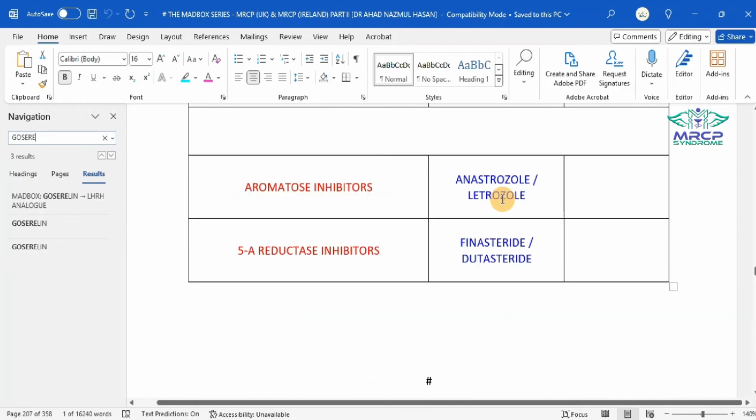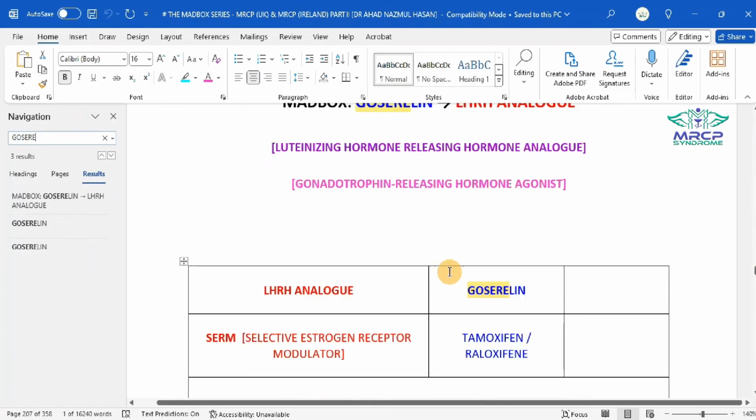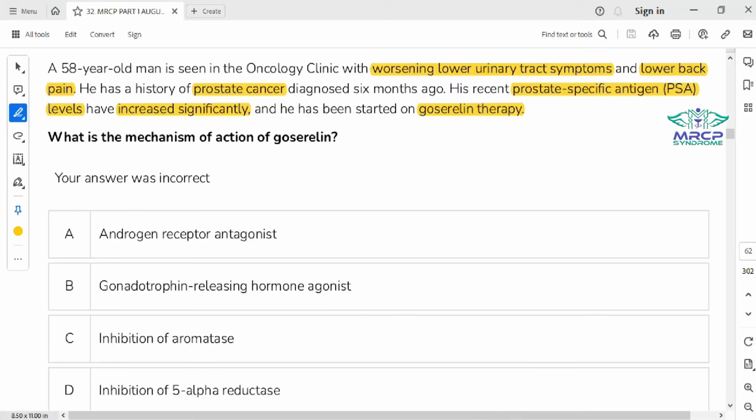Anastrozole and letrozole are the aromatase inhibitors. Finasteride and dutasteride are the 5-alpha reductase inhibitors. So goserelin is the luteinizing hormone releasing hormone analog or gonadotropin releasing hormone agonist.